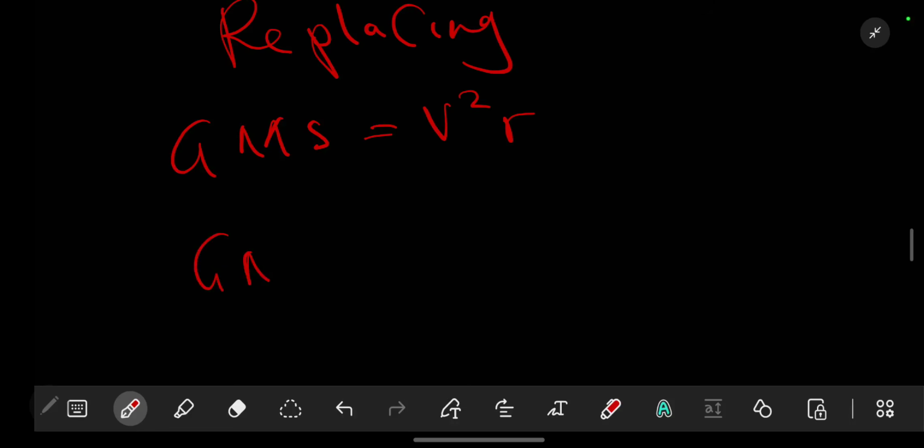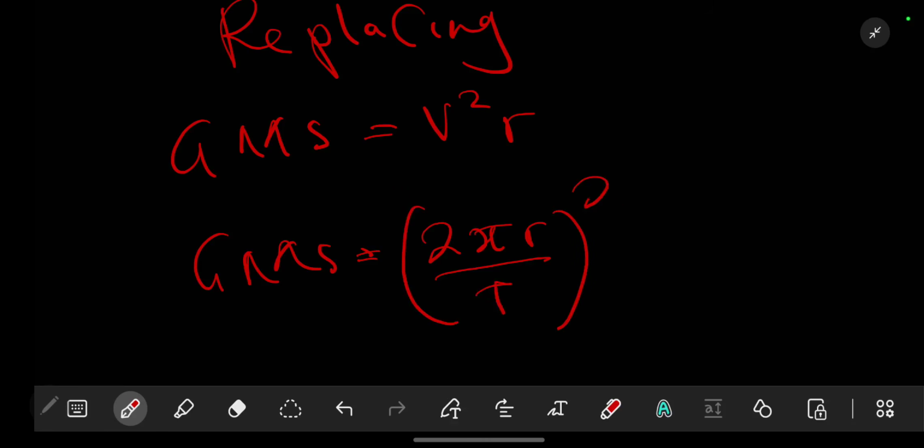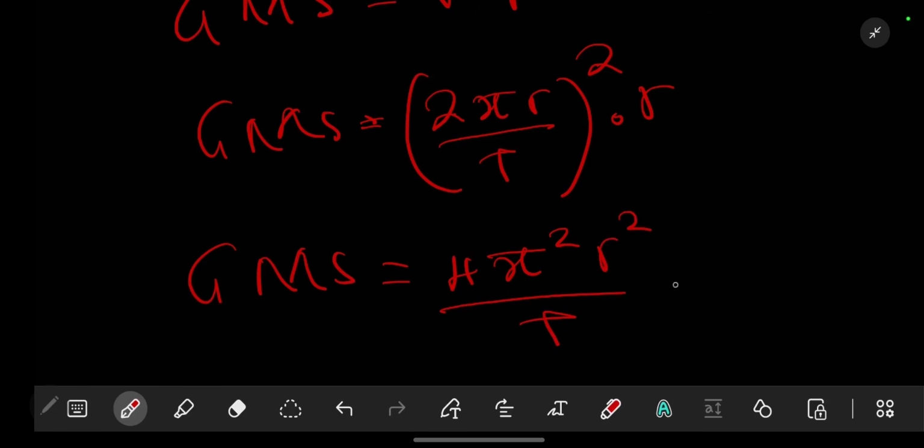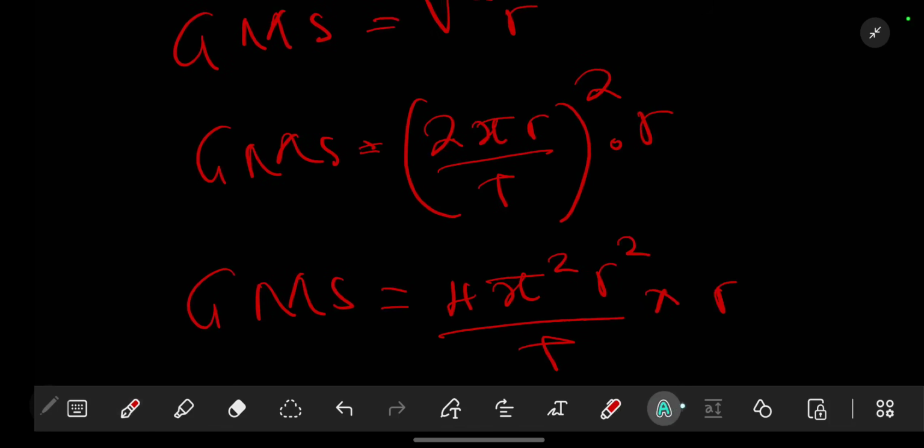So we have GMs should be equal to 2 pi r over t, then the square is affecting everything, then times our r. So this gives us GMs equal to 2 squared, which is 4, then this square affects everything, so we have pi squared r squared over the period t squared, then times our r, so we have r times r.